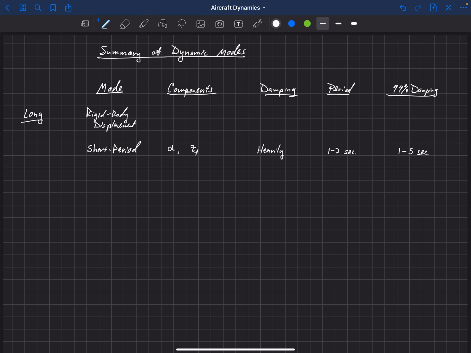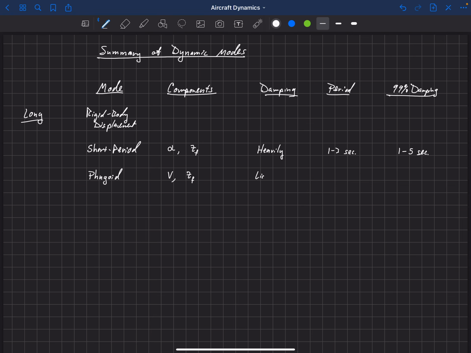The other two eigenvalues that we got out were a complex pair that form what we call the phugoid, or the long period. By looking at the eigenvectors, we could see that the components here were mainly changes in velocity as well as altitude again, z sub f.